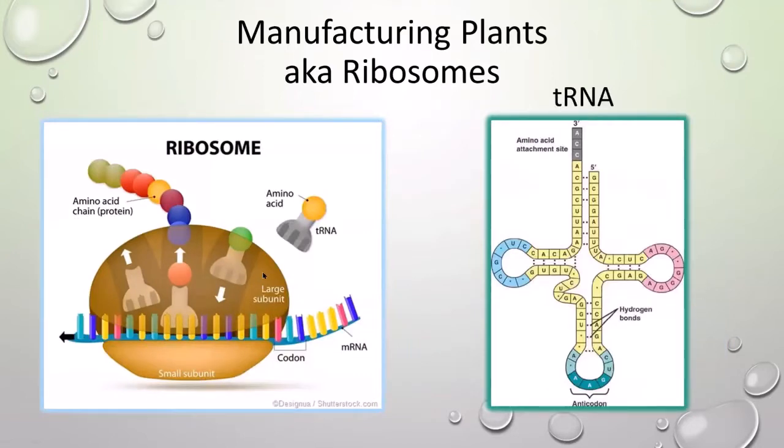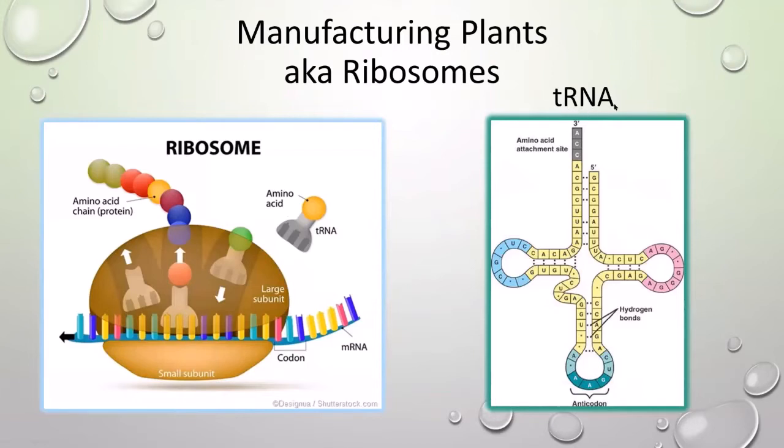So again, there's a large subunit, there's a small subunit, and there's 3 slots, 1, 2, 3. And the mRNA is coming through here, and the ribosome is reading it. These little cartoon pieces here that look like the pawns in a chess set are really tRNA.